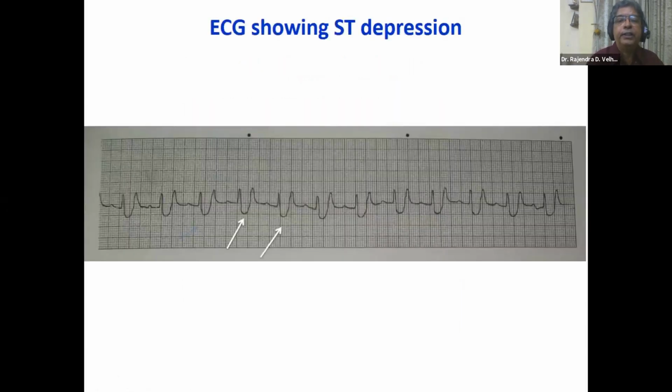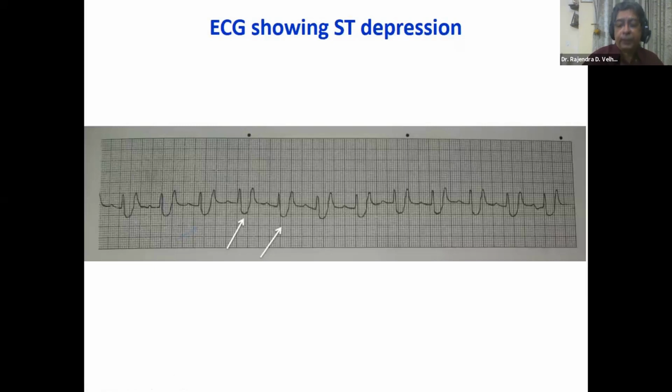Now, in this particular ECG, you can see the ST segment is significant. This is the baseline. The ST segment is depressed by more than 5 blocks and consistently seen in all the QRS complexes. So this is described as ST segment depression. Now, when you see ST segment depression, what conditions can you think of?